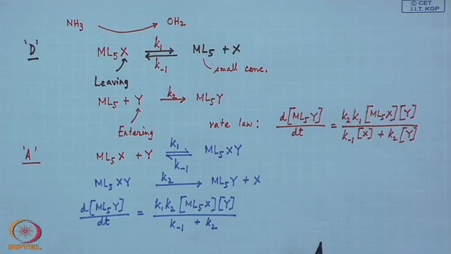This particular rate law can also be considered when we have very small values for K minus 1 and K2.